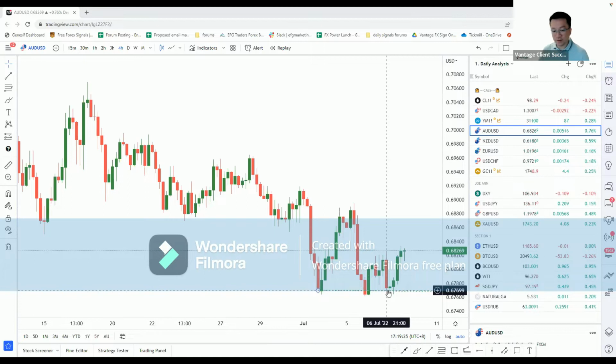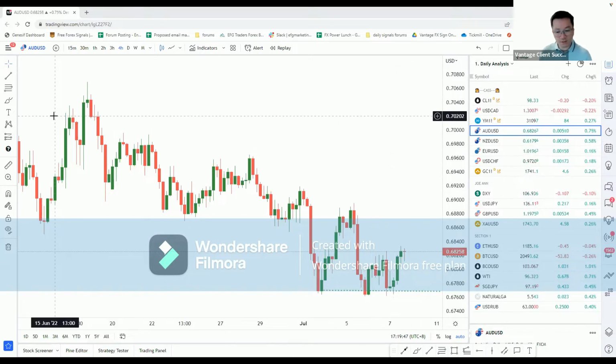It seems like it's forming a good base, a good support level, despite the Aussie dollar being weighed down by the possibility of a global recession and downward movements in commodity prices. My overall view is still possibly towards the downside on the Aussie, but that strong support level seems to be holding.